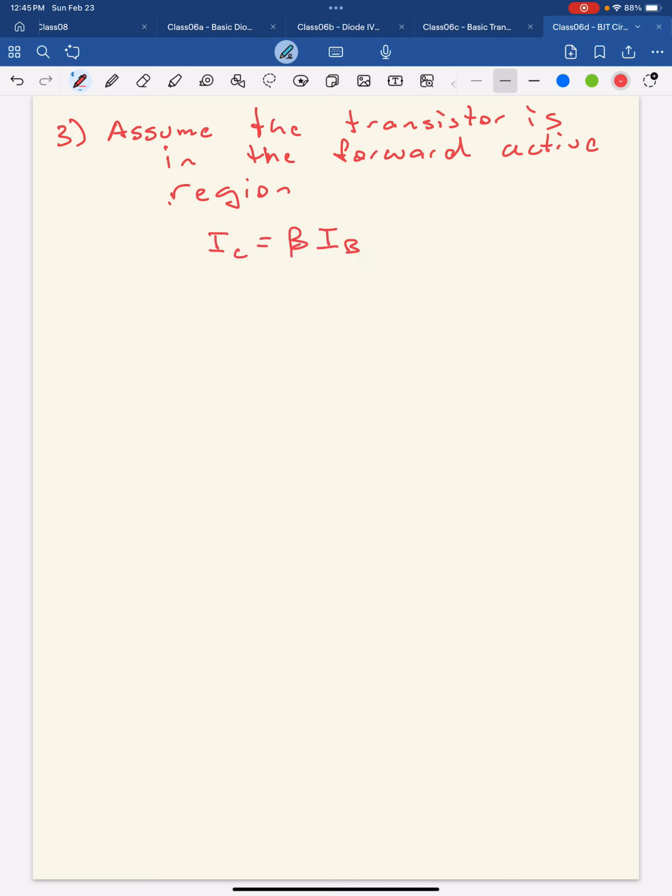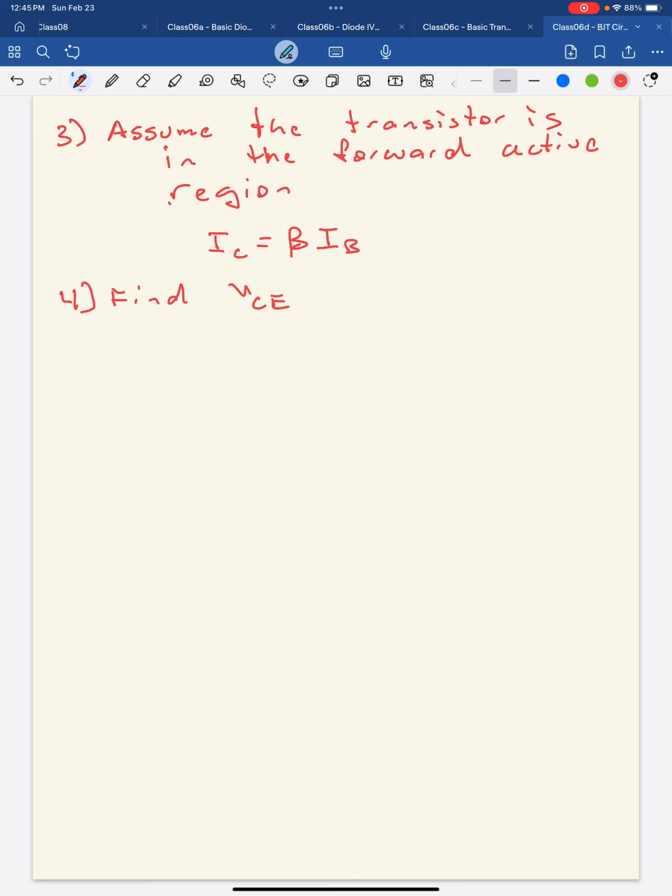And so with beta being 100, 150, 200, somewhere in that range, the collector current is going to be two orders of magnitude larger than the base current. Then our next step is find VCE.